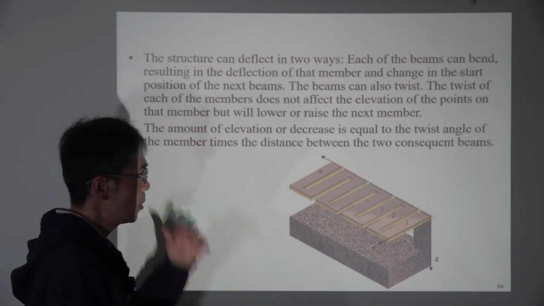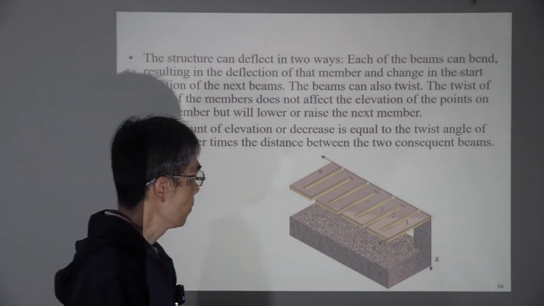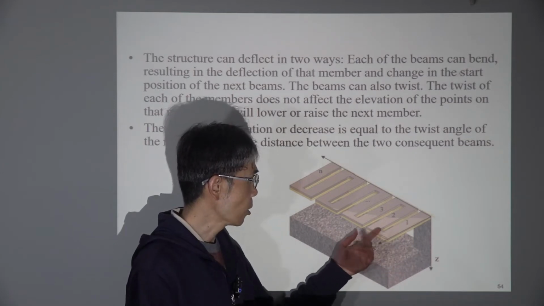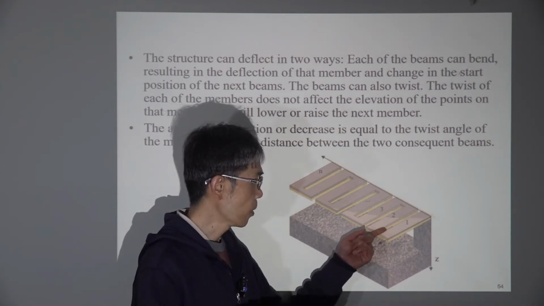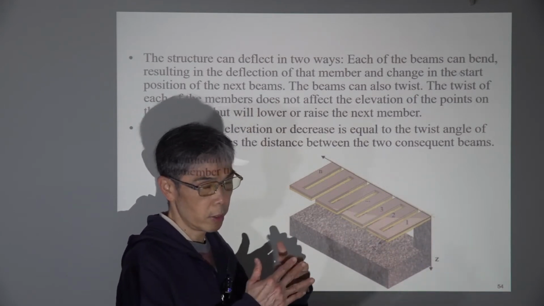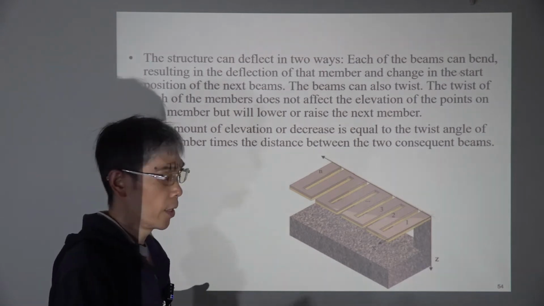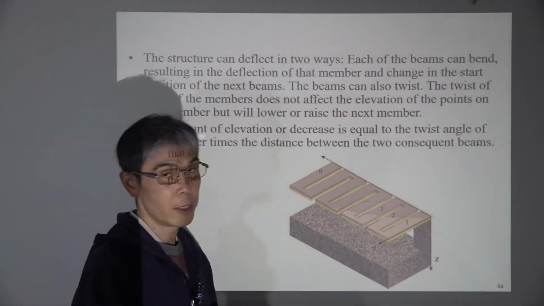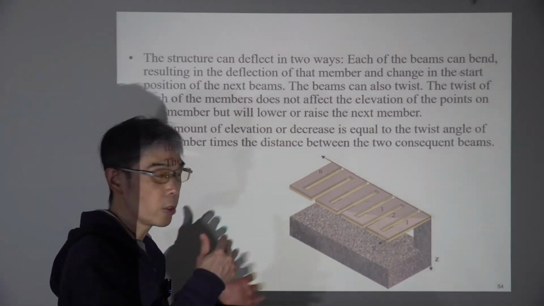These sentences just explain that if there's bending here and also twisting, it's going to create an angular displacement and linear displacement to the second segment. Then it just keeps going on.